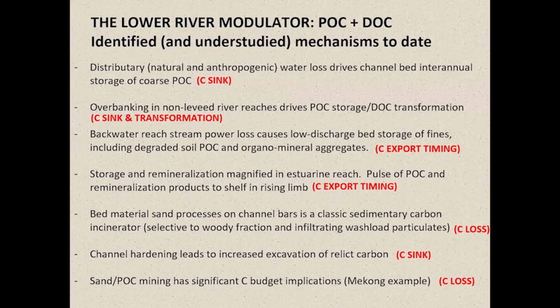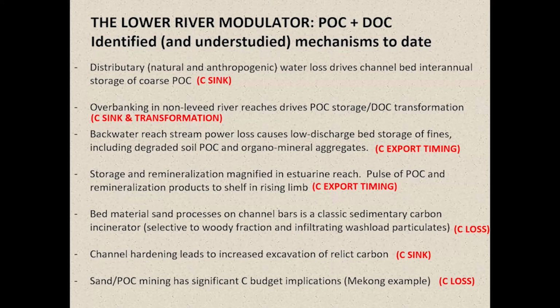Okay, so this is really my last slide, and I kind of hurried through this, but I did want to talk about each one of these things just briefly to say what they might be, because I ran through them pretty quickly. So: distributary, natural and anthropogenic water loss drives channel bed interannual storage of coarse POC. In other words, an anthropogenic distributary would be something like a river diversion, right? If you create a river diversion, you reduce the stream power.